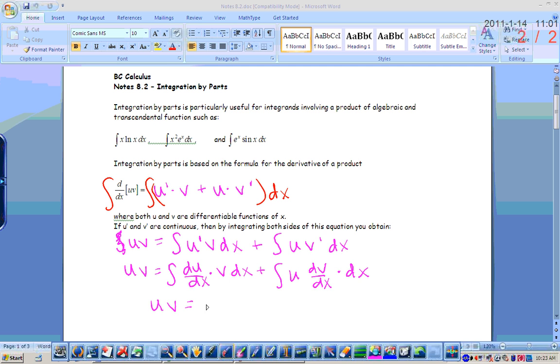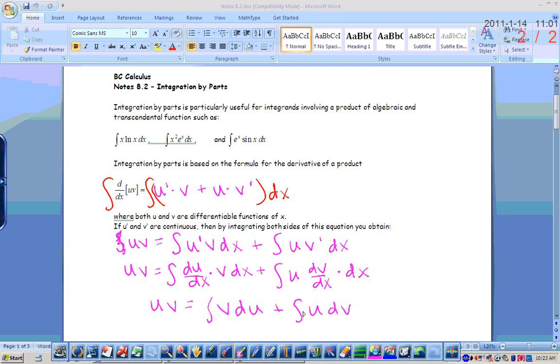So my dx's will cancel, and I'm basically integrating v du, plus, and here the dx's cancel, and the integral of u times dv.